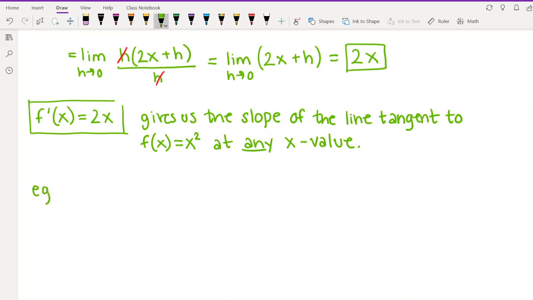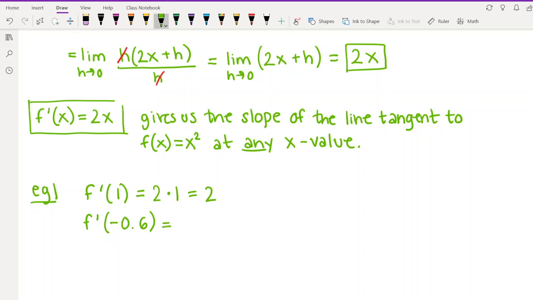So for example, let's say we wanted to find f prime of 1. So we already know that that's equal to 2, right? But we can see that again by just plugging it into this function. So 2 times 1 is equal to 2. But what's really nice is now we can do other values other than the ones that we already calculated. So for example, if I want to know, well, what's the slope of the tangent line at negative 0.6?